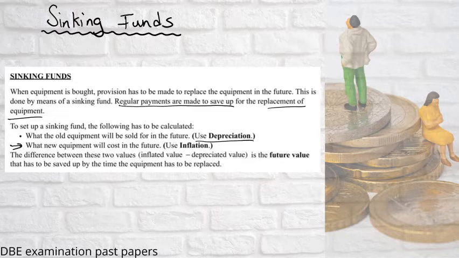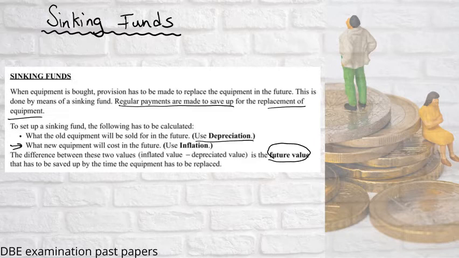Now the difference of these two values, the inflated value and the depreciated value, is the future value, the total amount that you have to pay in order to buy that new machine. Because you're going to sell your old machine at the value it has reduced to, but then the price of the new machine in the shop has grown.